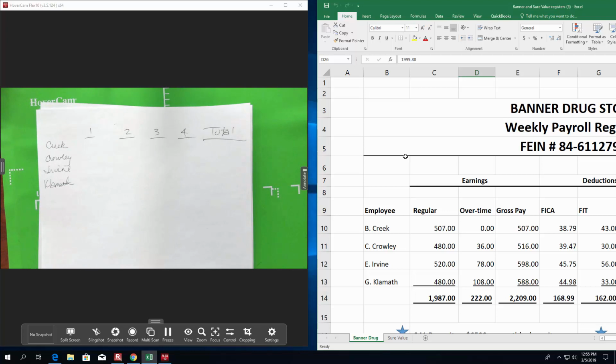The second and fourth quarters are 13, the first and third are 12. Are you with me? If you're paid weekly, 52 times a year divided by 4, right? The reason I gave you the breakdown was that when we did the 941, you had to know per month. So what I want you to do is fill out this chart.